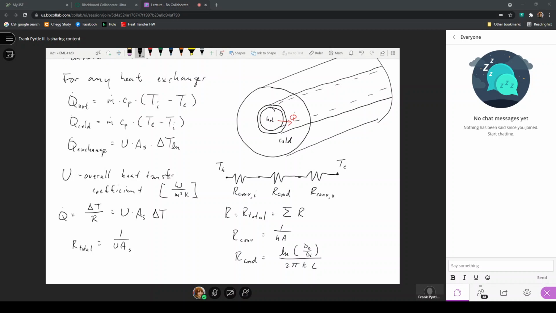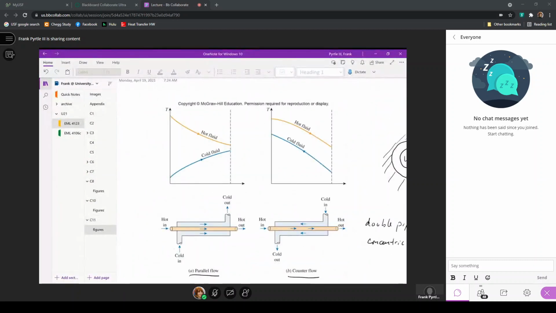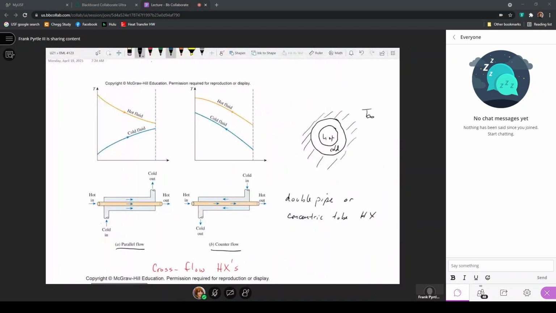Well, in the expressions of these heat transfer rates that would occur between the hot and cold fluids, the temperature variation of the fluids are both nonlinear. When I go back to the expressions of those temperature profiles here for the parallel flow and for the counterflow double pipe heat exchangers, you can see here that the hot fluid, if we extended the length of this heat exchanger, eventually the hot fluid and the cold fluid, the hot fluid temperature, let's say, would keep decreasing and the cold fluid would keep increasing until they meet, and then there's no more heat exchange that would occur.